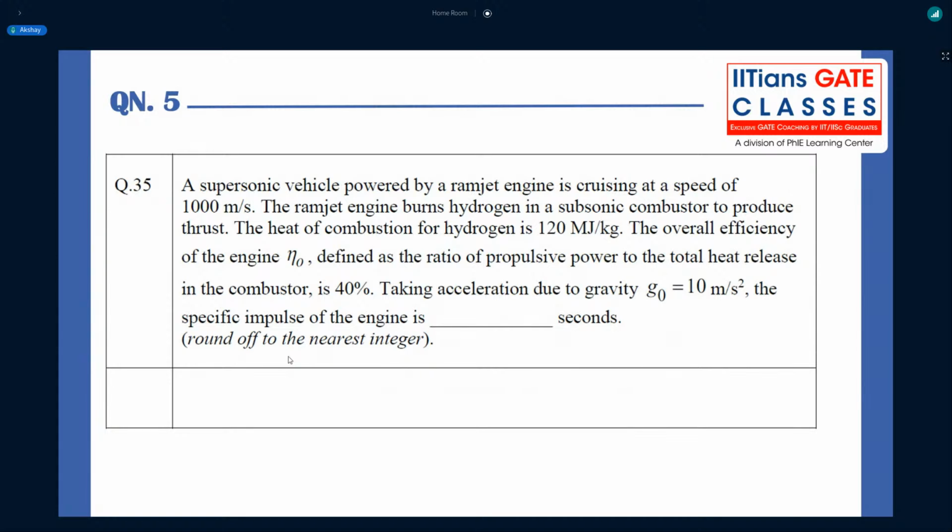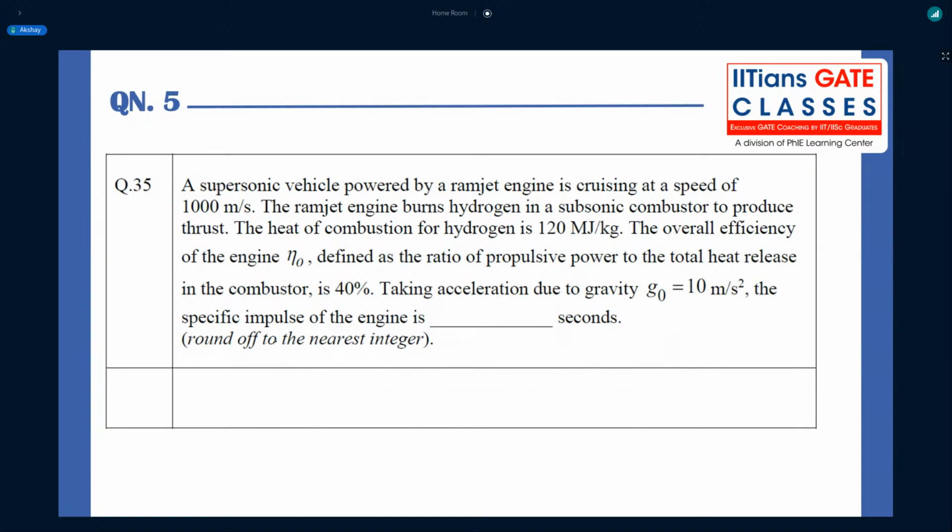The heat of combustion for hydrogen is 120 megajoules per kg. The overall efficiency of the engine is eta naught, which is defined as the ratio of propulsive power to the total heat release in the combustor, and which is given as 40%. Taking acceleration due to gravity g naught as 10 meter per second square, the specific impulse of the engine is in seconds.